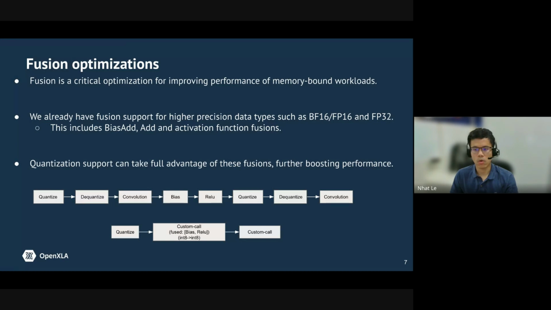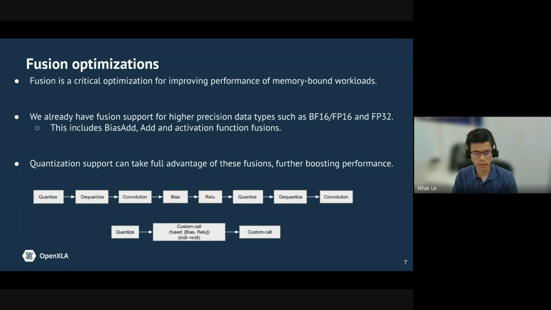With our quantization implementation, we can easily take advantage of these same fusion optimizations when running compute-intensive operations in INT8. This integration only requires a small amount of code change in the XLA code base.